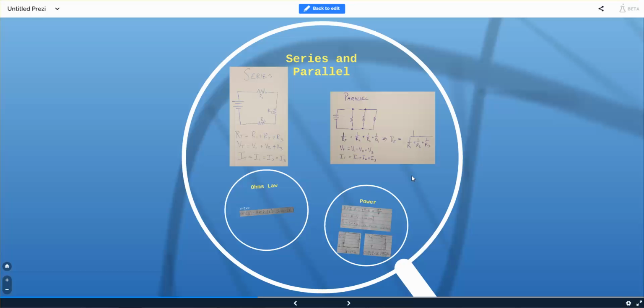And for voltage, it was the same throughout the whole circuit. And for amperage, it was the same for each light bulb as well, just like in the series circuits.